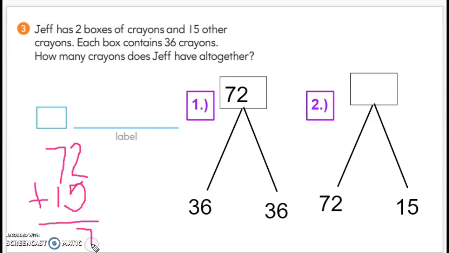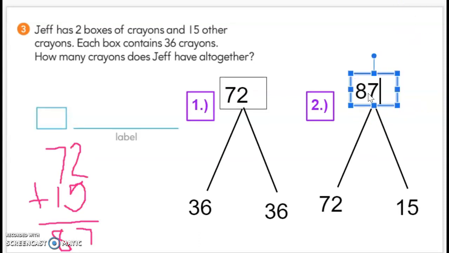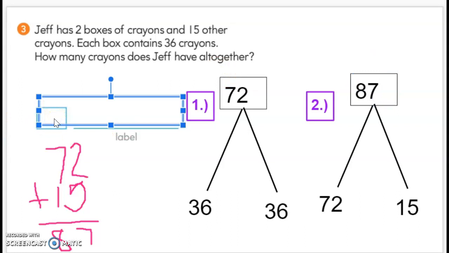Didn't make a new 10, so 7 down here, 7, 8. So how many total crayons does he have? Yep, he has 87 crayons. Wow, he has a lot of crayons. 87 crayons. And I should spell crayons correctly because it's written throughout all over.